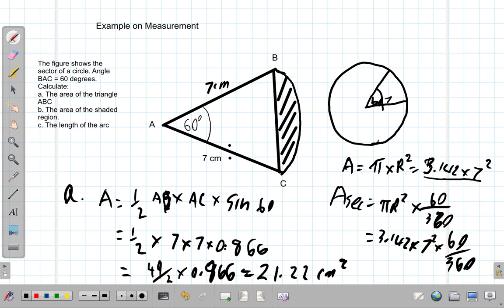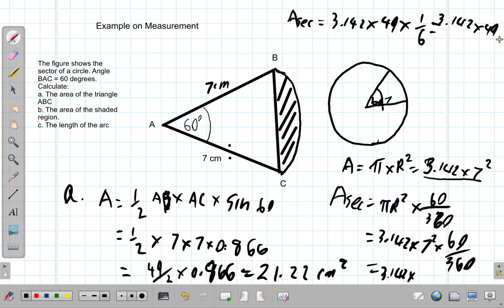We're running out of space, so let me continue up here. The area of the sector is going to be 3.142 times 7 squared, which is 49, times 60 divided by 360, which is 1/6. So it's 3.142 times 49 all over 6.